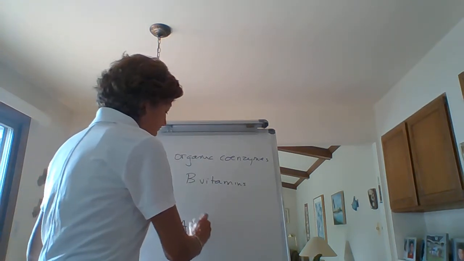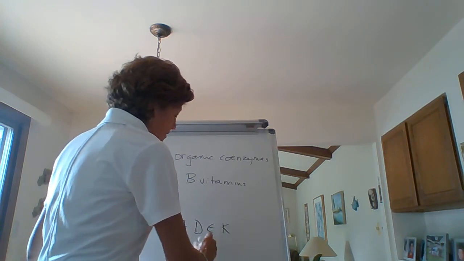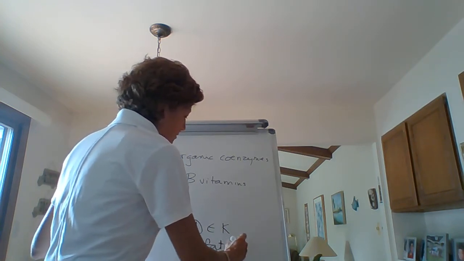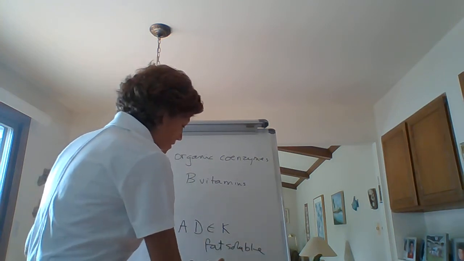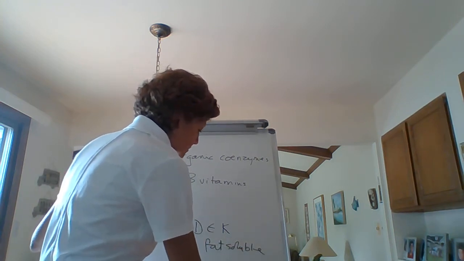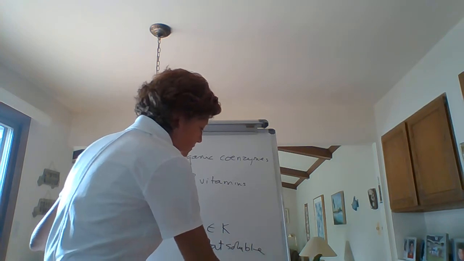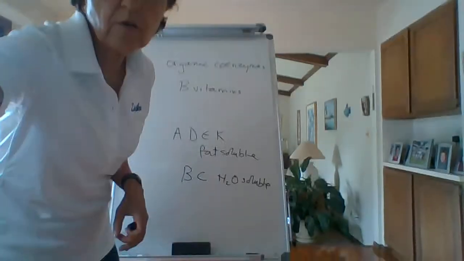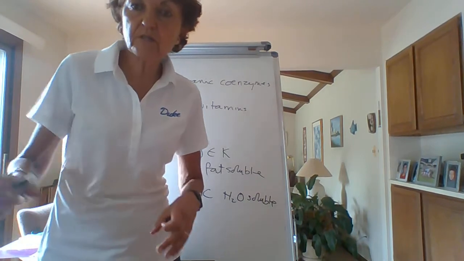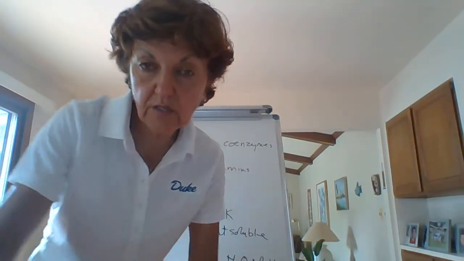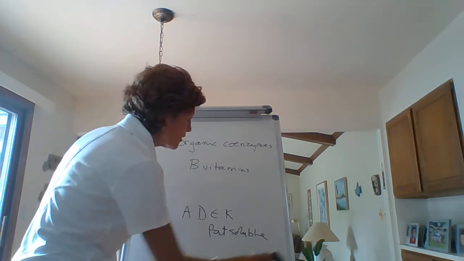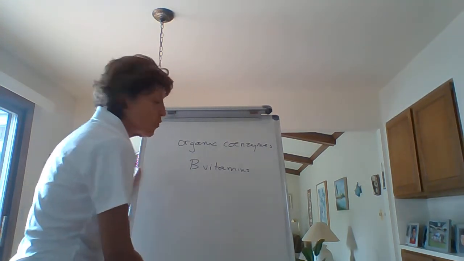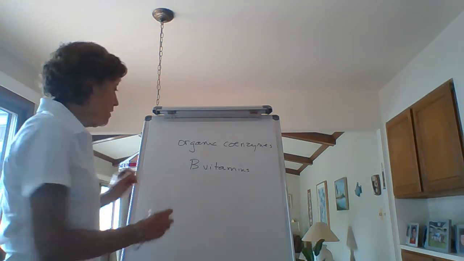A, D, E, and K are the fat-soluble vitamins. B and C are the water-soluble. You're going to see the uses for a bunch of these vitamins throughout the semester, but let's now focus on the B vitamins. Many of them are used to create organic coenzymes.